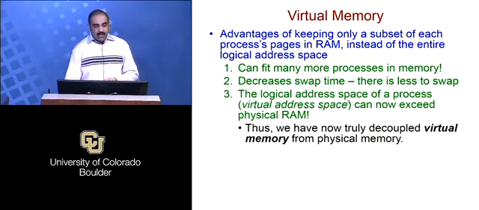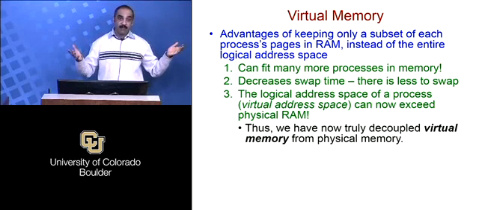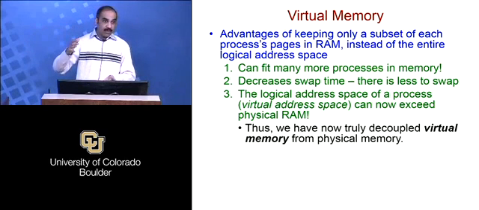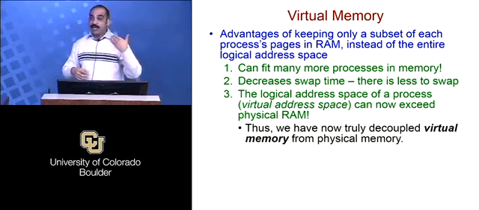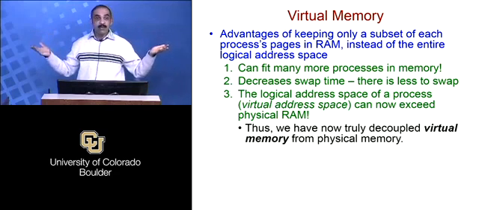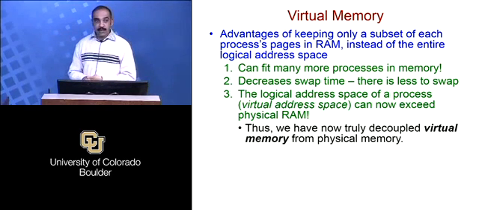And the logical address space of a process can now exceed the physical RAM. Okay, because at no time do you really have to load the entire process in memory. So your memory may be, say, 2 gigabytes, but your process might be, say, 5 gigabytes. Okay, and you will still be able to work as long as you can store those 5 gigabytes in your disk. Okay, is that clear?